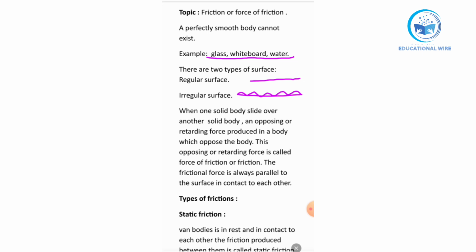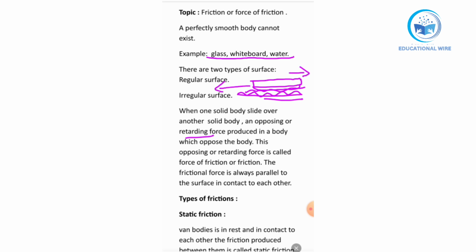Okay, so after that, here is one portion divided, that we will do one experiment, when one solid body slides over another solid body. Like this is a body, a solid body. Here we have put a book. In this book there is also a sequence like this. An opposing or retarding force is produced on a body, like we are putting force on this one side.